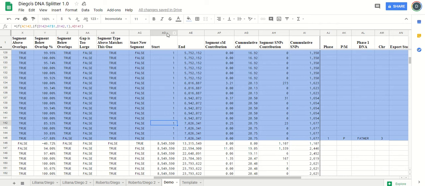So these two columns are keeping track of the overall starting and ending for the overall segment that gets exported.